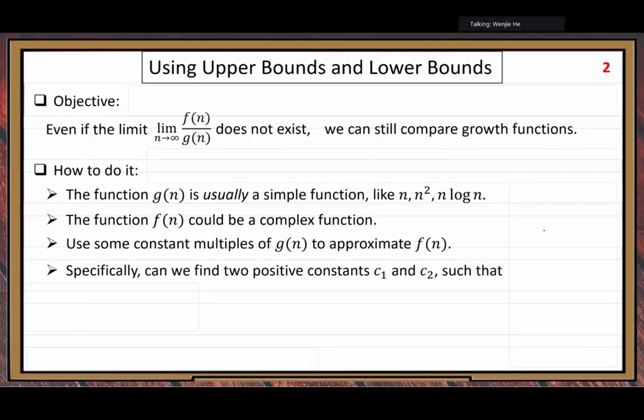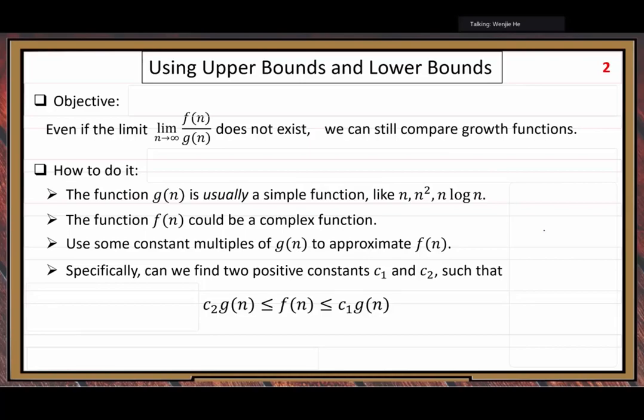Now, regarding the upper bounds and the lower bounds, we want to find two positive constants, C1 and C2. Given a function f of n, can we find two positive constants C1, C2 such that this inequality holds?